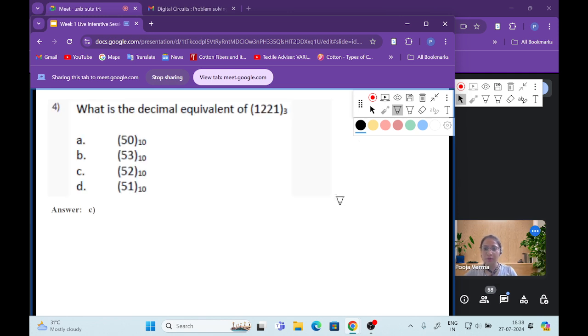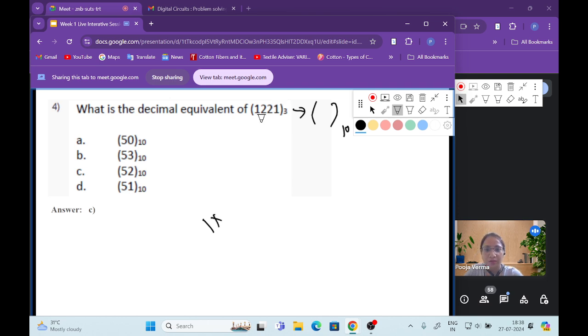What is the decimal equivalent of 1221 base 3? What will be the decimal equivalent of this? So here the base is given as 3. So that means it is base 3. Okay. So now how will you go? It is given base 3. Now we have to calculate in base 10. Okay. So how will you calculate this? So 1 into, I am starting from this side.